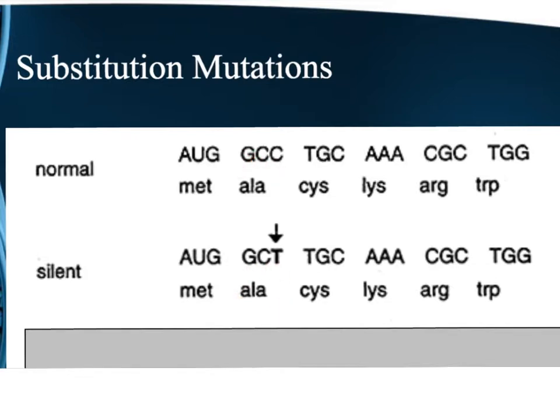What that does is it alters the shape of the protein, and it is not silent because she has a disorder. That misshapen protein causes her blood cells to look different, to not flow as easily, and to not carry as much oxygen. So sickle cell anemia is just caused by one base pair difference, one substitution.